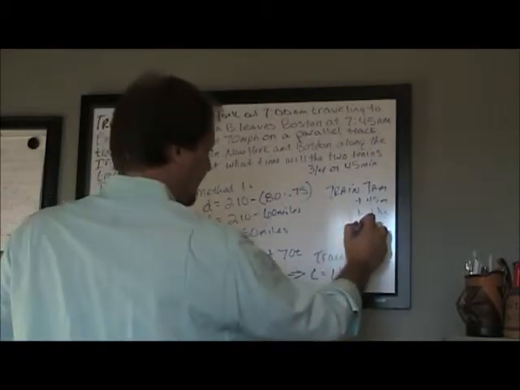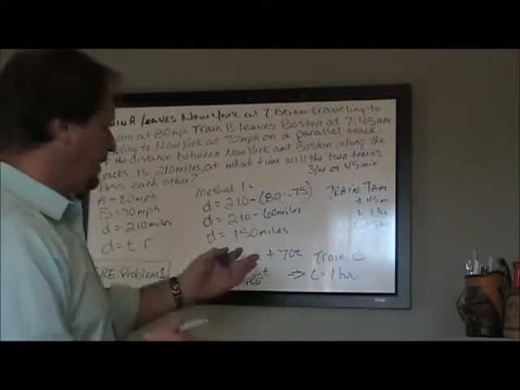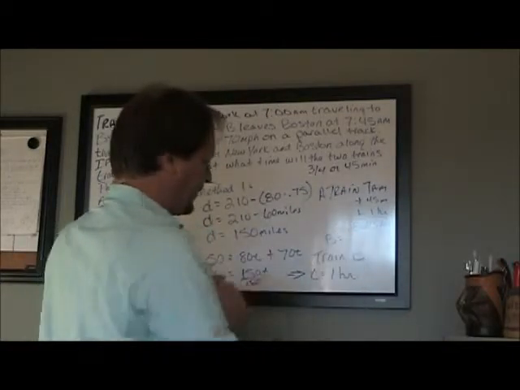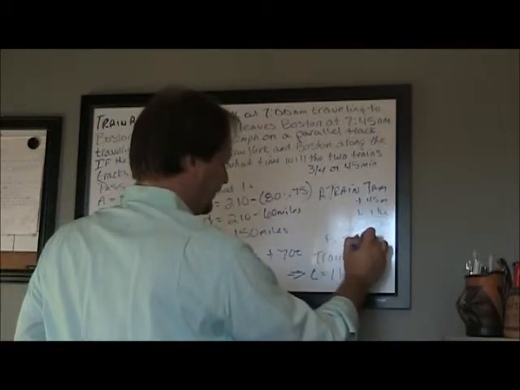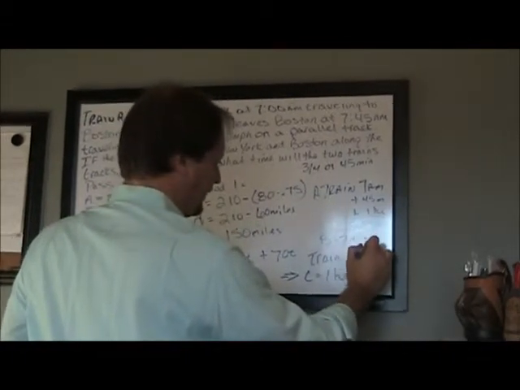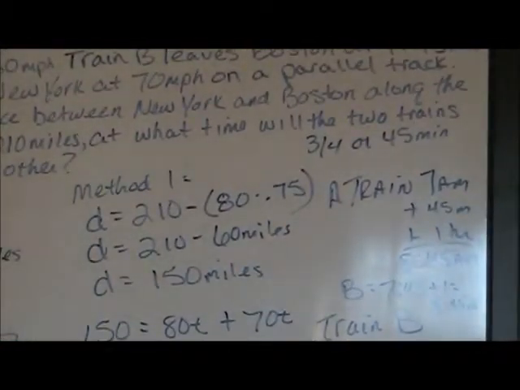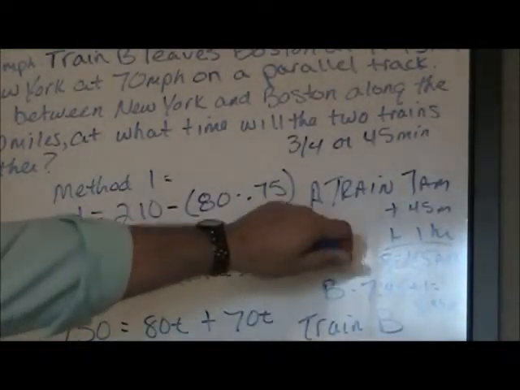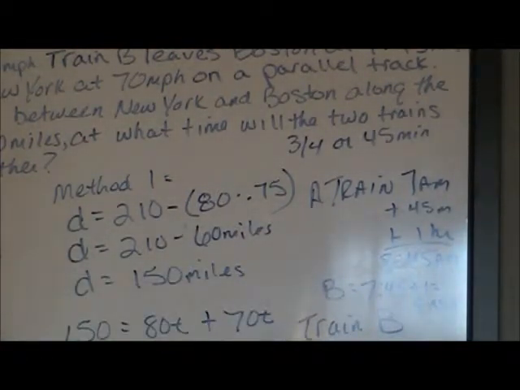So we end up with a time of 8:45 a.m. The same with train B. If you add 1 hour to the 7:45, you end up with 8:45 a.m. 8:45 a.m. is when the two trains pass each other on the parallel tracks, with train A traveling 1 hour and 45 minutes total, train B traveling 1 hour total.